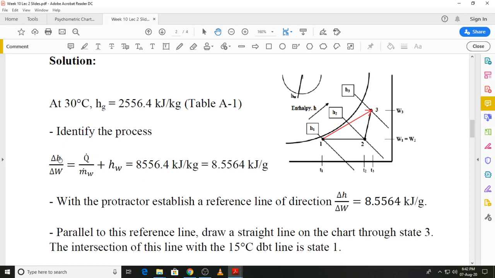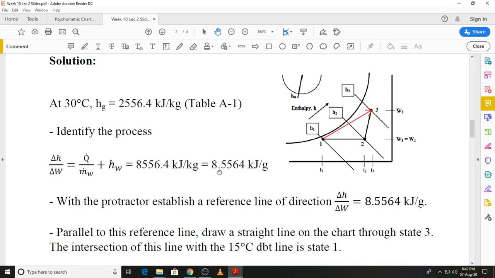the actual psychrometric chart, and recall that this value delta H by delta W in the actual psychrometric chart has units of kilojoules per gram. So we have to divide it by 1000, and that is now the value that we will make use of when we move to the psychrometric chart.